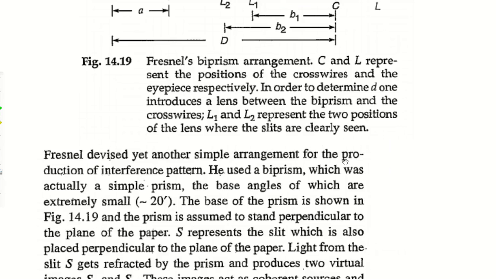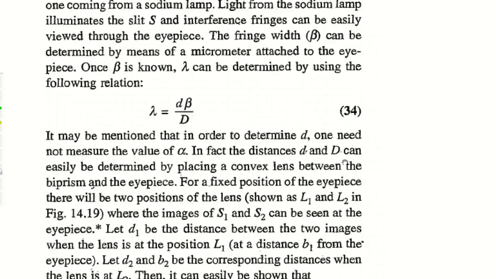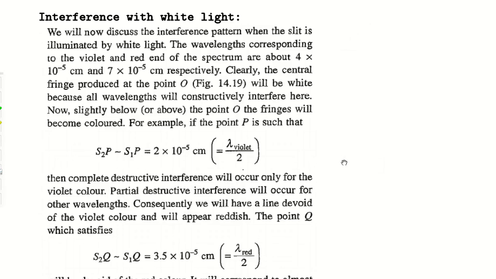These 3 points we will consider here, and let the point P be such that the path difference between the 2 rays is 2 into 10 to the minus 5 centimeter.